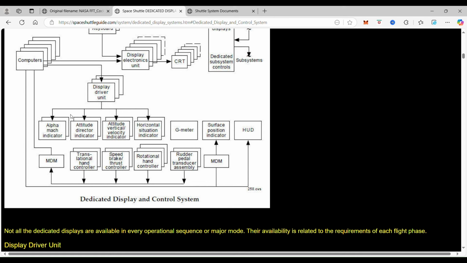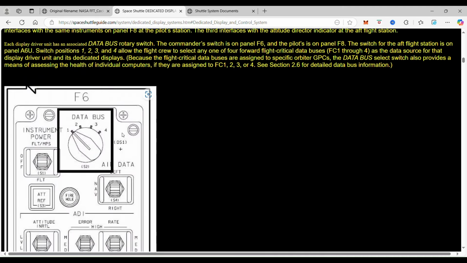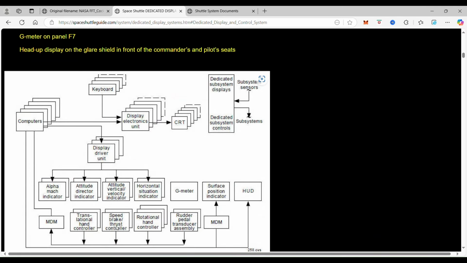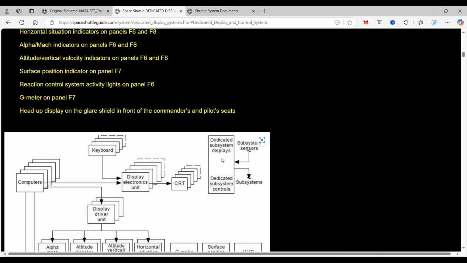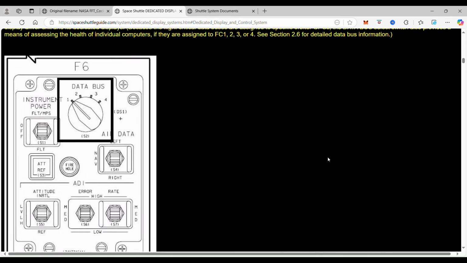That is in from the driver display, which comes from the computers, as you can see here. So this is our schematics for the dedicated display and control systems. And you can see here that it is a section that has been broken out.